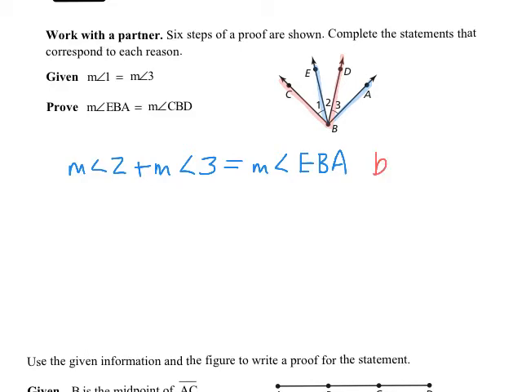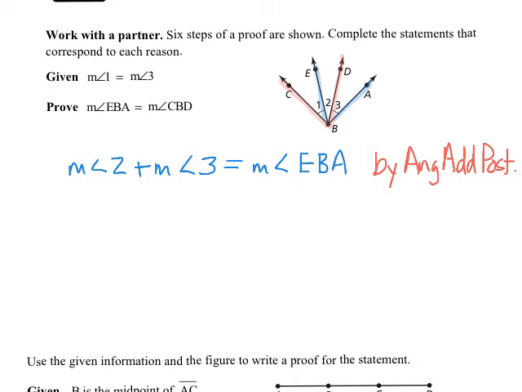And then we want to say by, same thing, angle addition postulate. Okay, so the angle addition postulate. Now we've simplified a little bit. That'll make our lives a little easier, especially when we're trying to prove in a minute. Okay, and then we moved on in the conversation and talked about CBD, right?